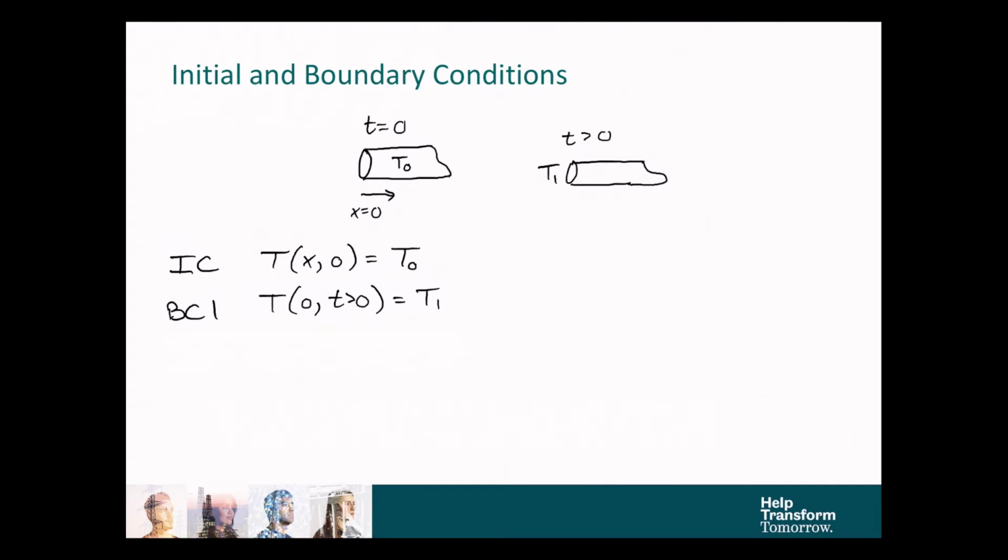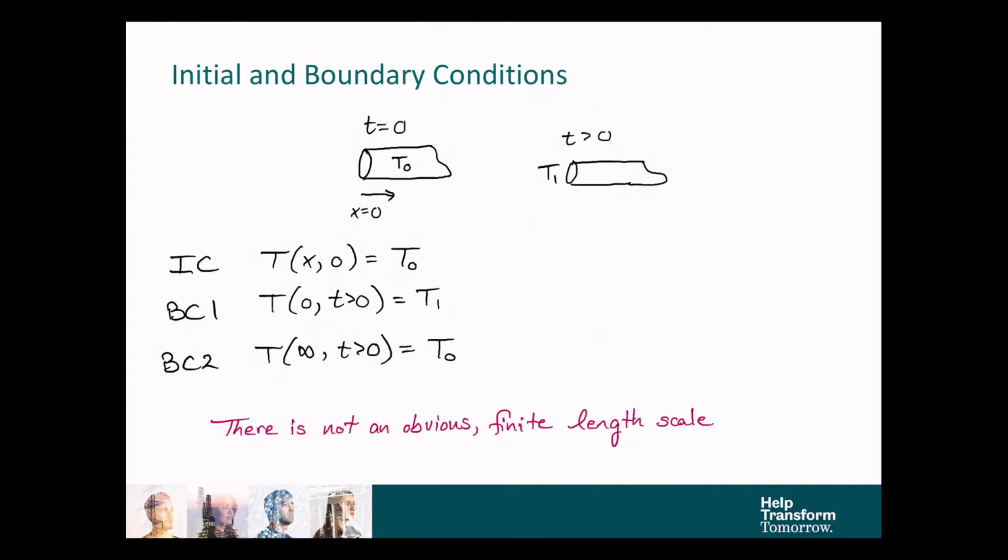Our second boundary condition feels a little dodgy, but we'll just say that for any time greater than 0, the temperature at an infinite distance into the rod is just going to be T0 because the heat hasn't reached that infinite point, and so the temperature won't have changed. And that is the dodgiest mathematical translation we have to make here, but it is correct.